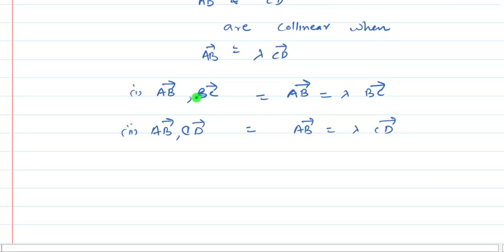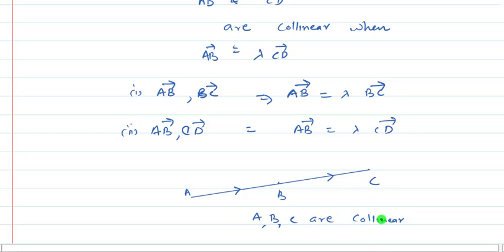In case 1, as B is the common point of AB and BC, let me draw it. This is the point A, B, and the third point is C, directed like this, AB, BC. Now as B is the common point and we have the relation AB is equal to lambda times BC, it means A, B, C are collinear. There is no case other than collinear.